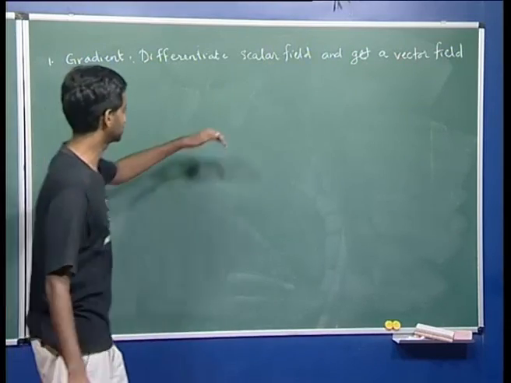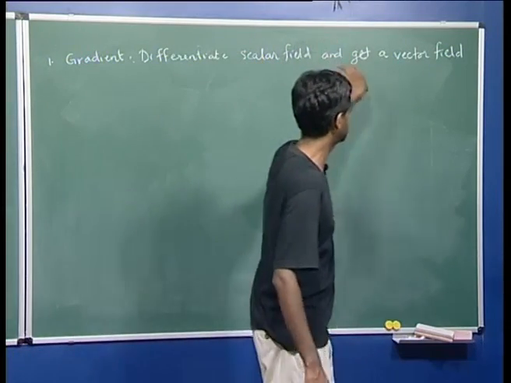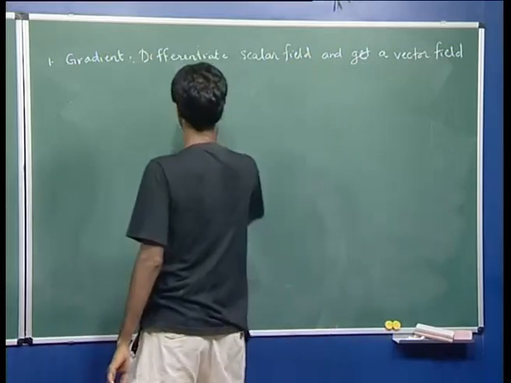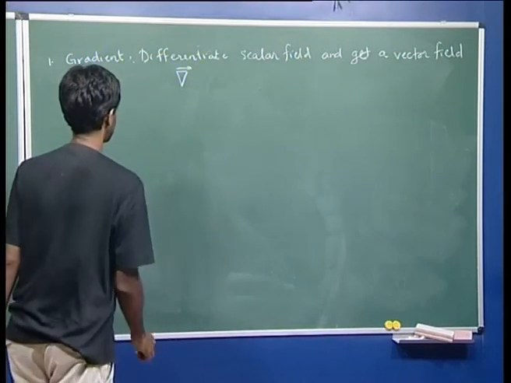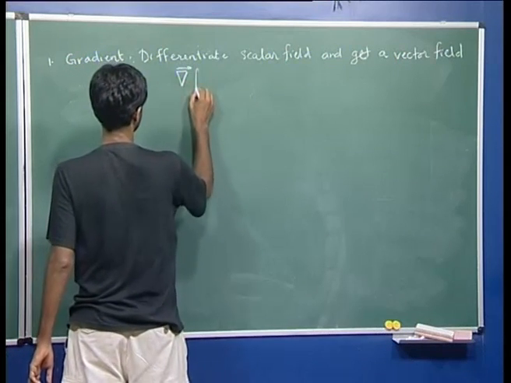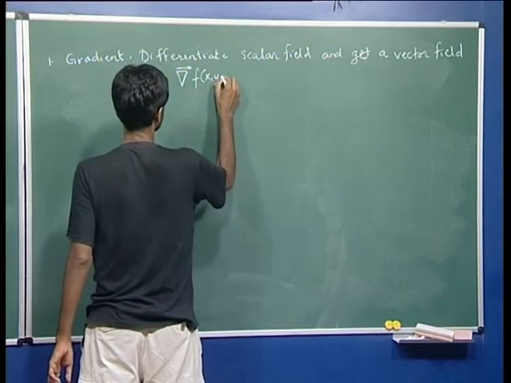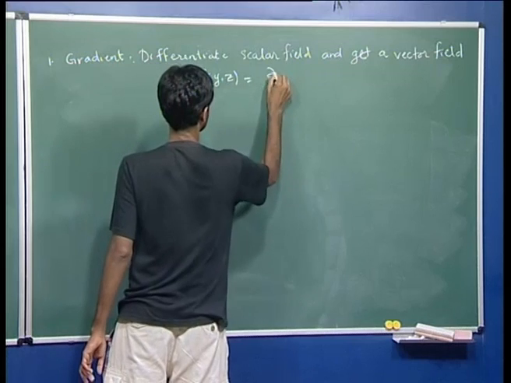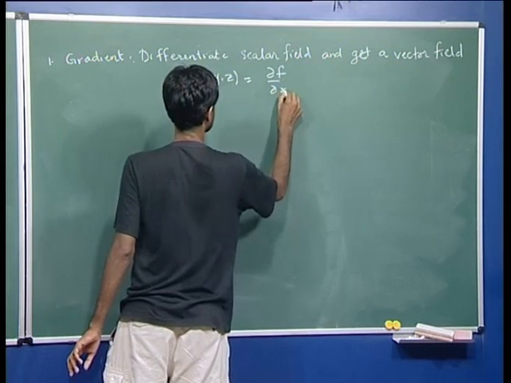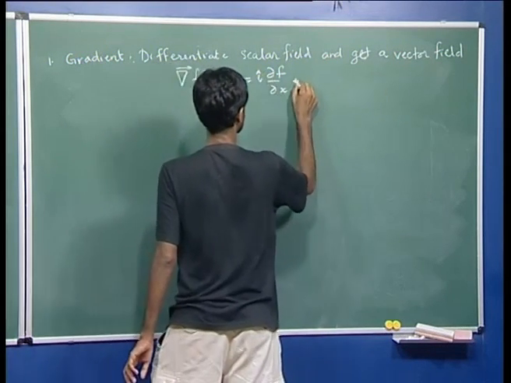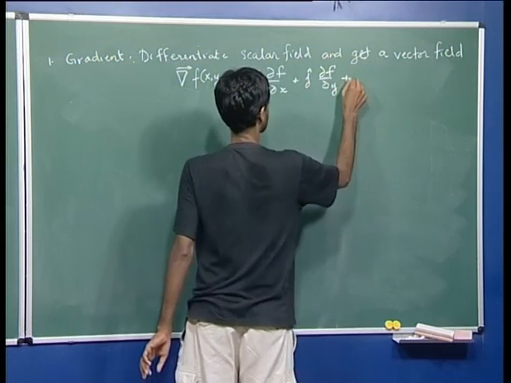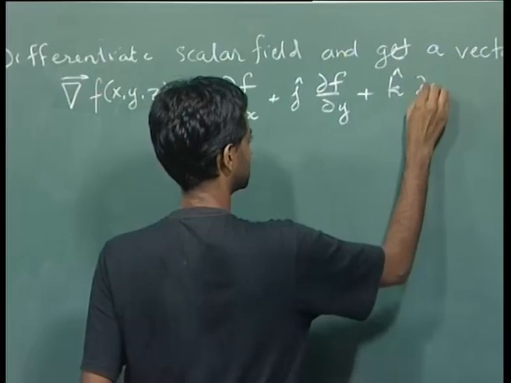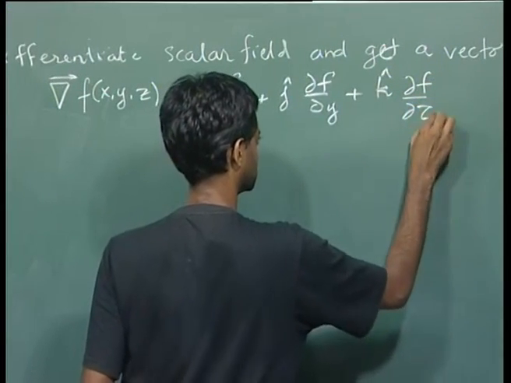So in other words, what you started off was a scalar, and when you differentiate it, you got a vector. So we represented this by the gradient operator, and gradient of f of x, y, z is i dou f by dou x plus j dou f by dou y plus k dou f by dou z.